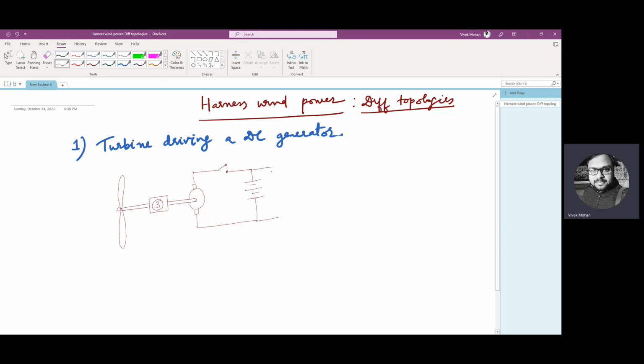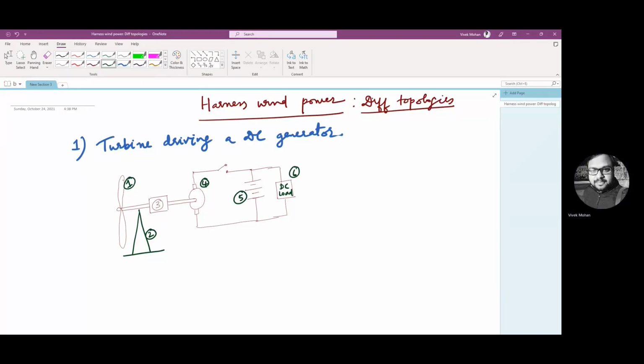This is connected to DC load. So this is DC load, which is number 6. This is number 5. This is number 4. This is number 3. And here I have the tower, which is number 2. And this is the turbine itself, blades number 1.